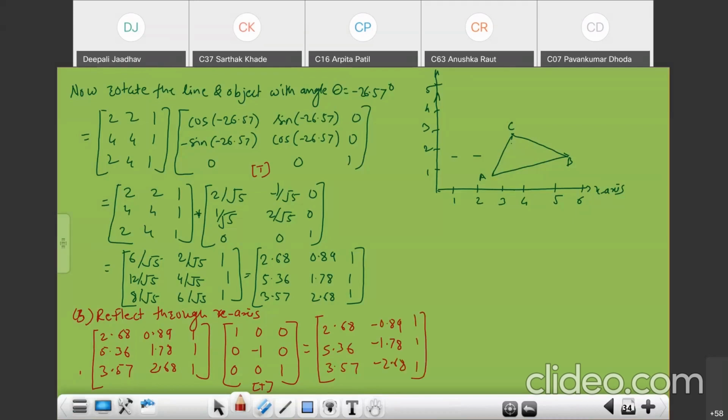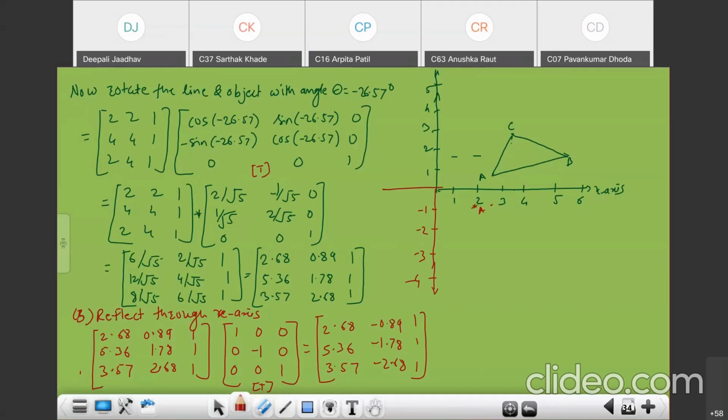Now I draw it here only to see the result. Minus 1, minus 2, minus 3, minus 4. The first is 2.68 and minus 0.89, so it is somewhere here. That is our new A, or we call it A star.